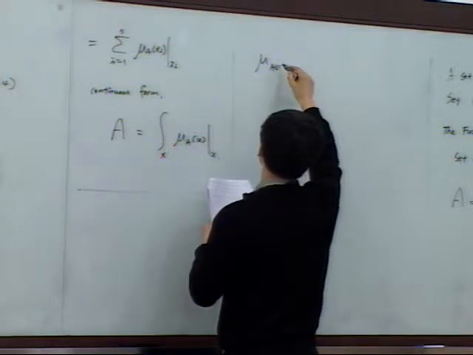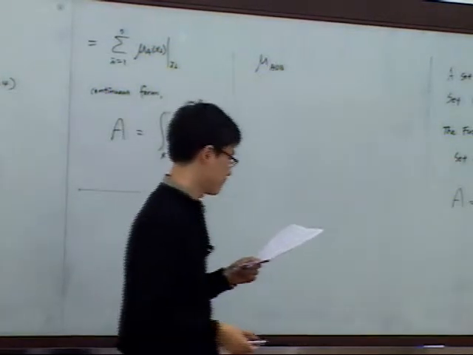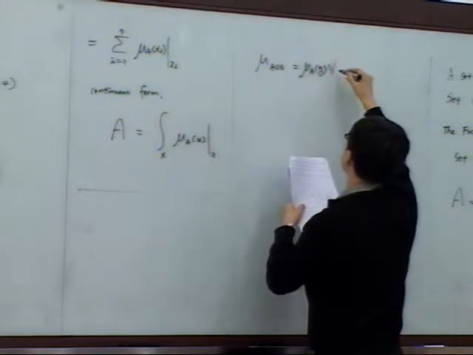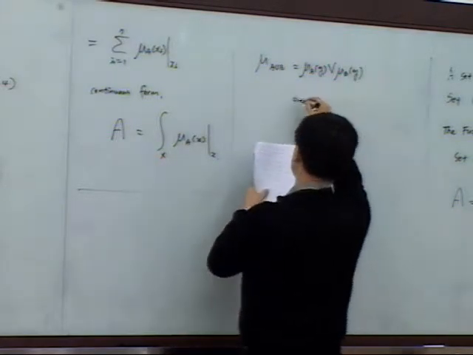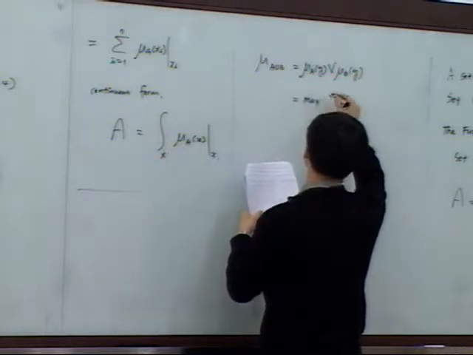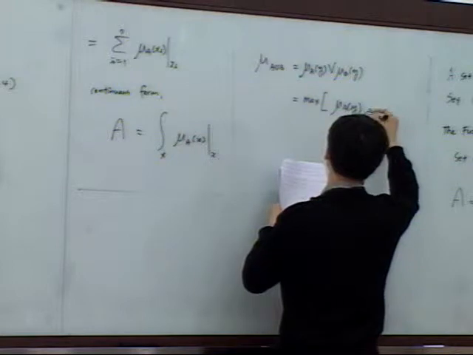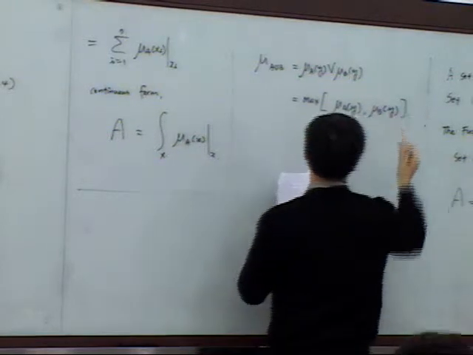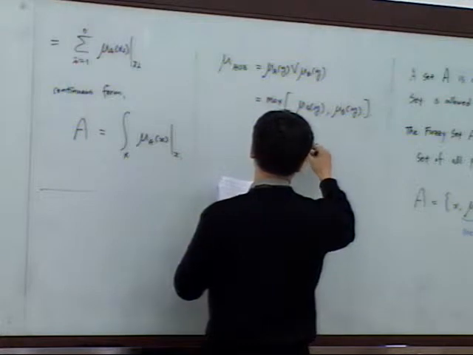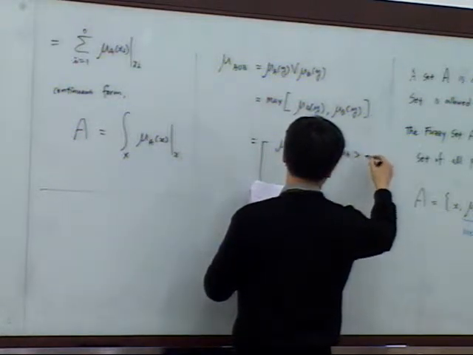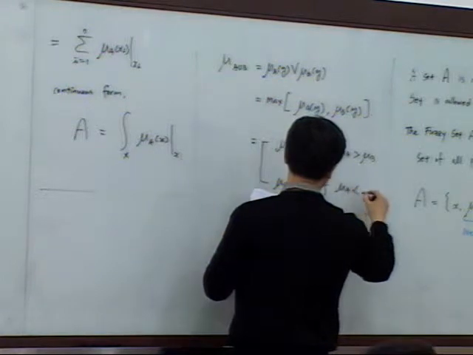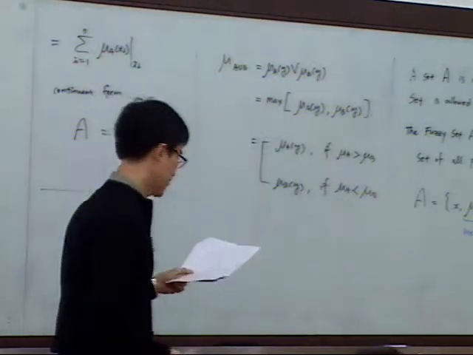Mu A union B is defined as the maximum of mu A and mu B, or mu A if mu A is larger than mu B. That's the definition.